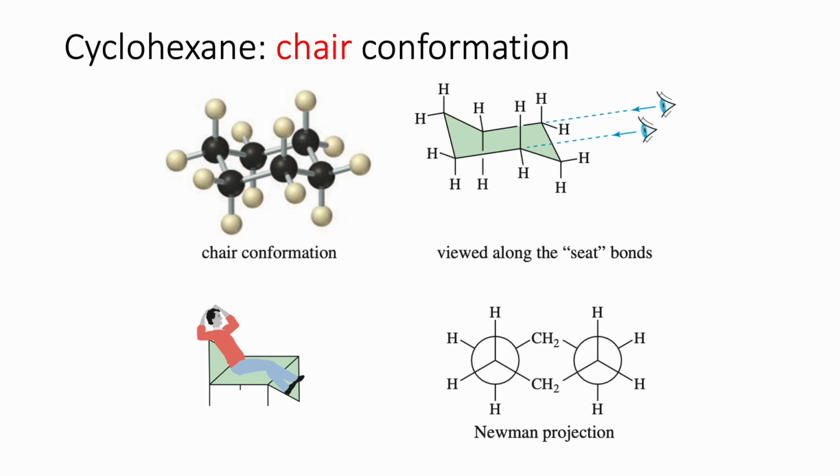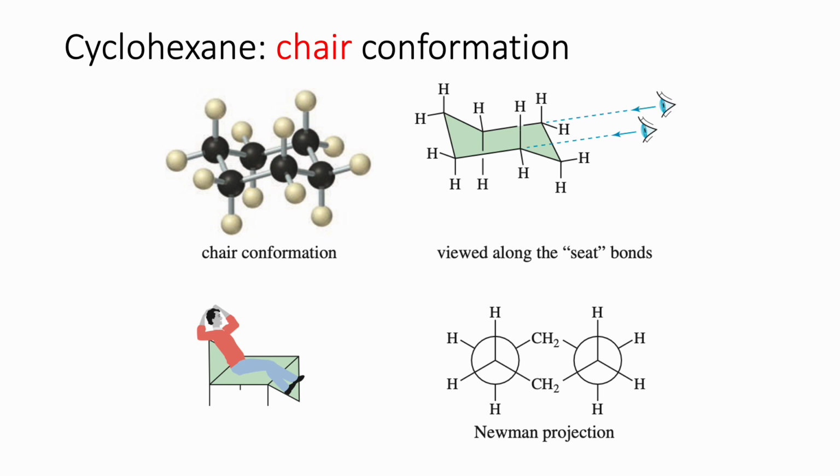That's carbon 2. And then the circle right behind that, that would be carbon 3. And then the CH2 at the top, that would be carbon 4. And then the circle at the back of the next Newman projection would be carbon 5. And then the point at the front of the second Newman projection would be carbon 6. And then we get back down to the CH2 at the beginning.